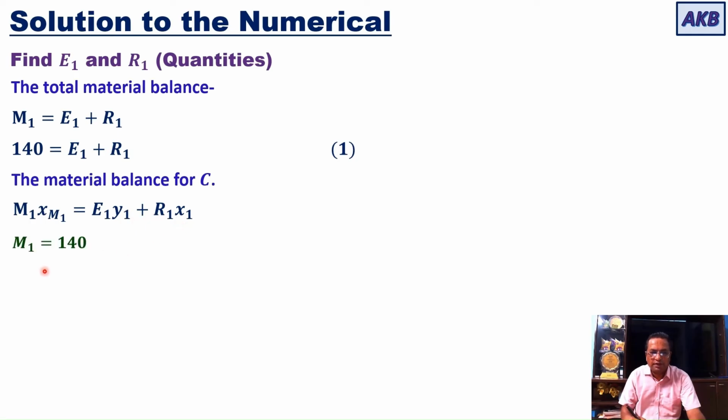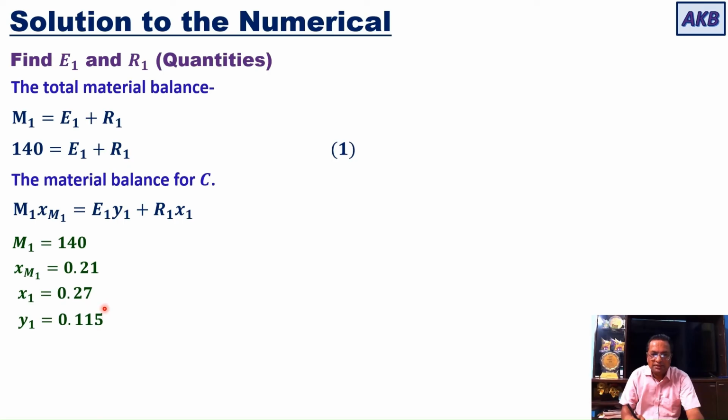Now let us use the values. M1 is known to us, it is 140. XM1 is known to us, we had calculated it previously, it is 0.21. x1, we noted it as one of the end points of the tie line that passes through M1, so x1 is 0.27, y1 is 0.115, the other end point of the tie line.